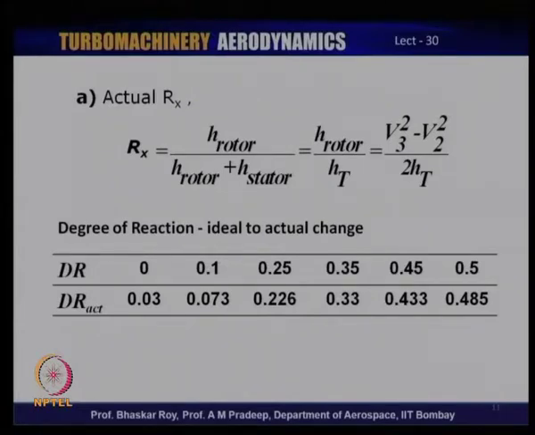So, this is something which the turbine designer would have to be careful about. When he thinks he requires a symmetrical blading, he may not require a symmetrical blading. He may have to design something which is not symmetrical blading, or when he thinks he can do with an impulse turbine rotor, he may actually have to do a slightly small reaction turbine, a turbine which has a small bit of reaction. So, these are the accuracies that the turbine designer would have to be careful about.